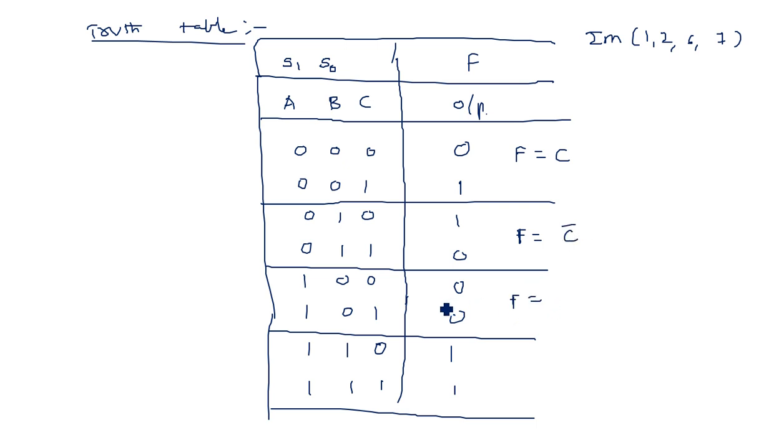And see here, when selection lines are 1 0, c is 0 1, but outputs are 0 with respect to the c input. So simply f is equal to 0. And here also, irrespective of the c, when selection lines are 1 1, output is equal to 1. Okay, so now the first set d0 is taken as c, d1 taken as c bar, d2 taken as 0 and d3 taken as 1.